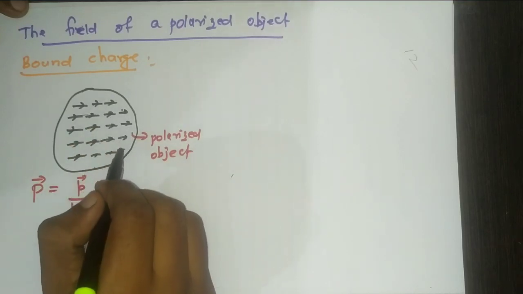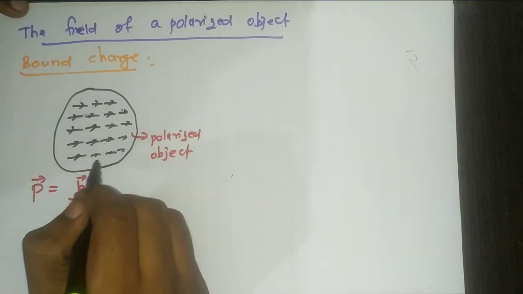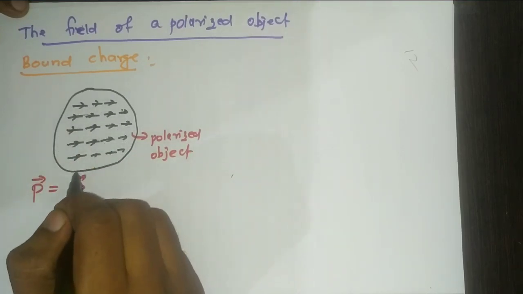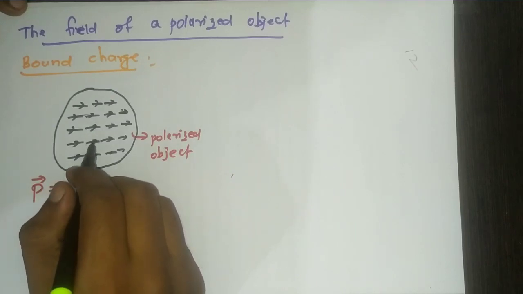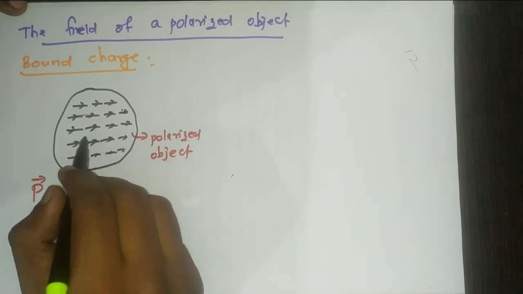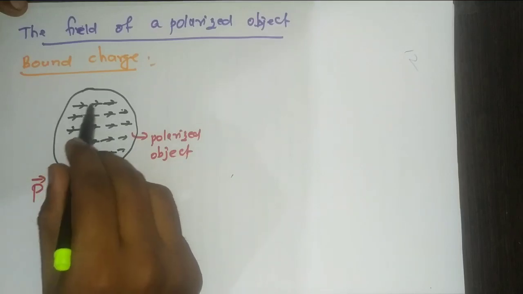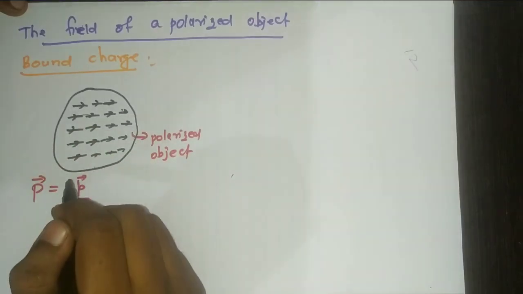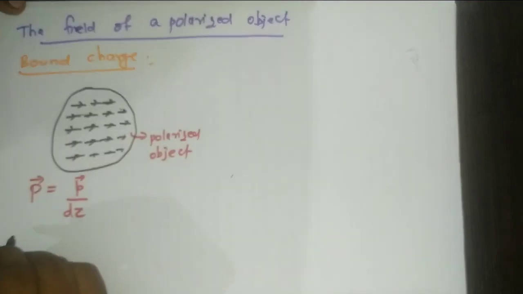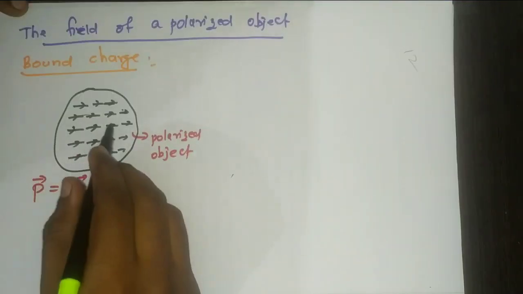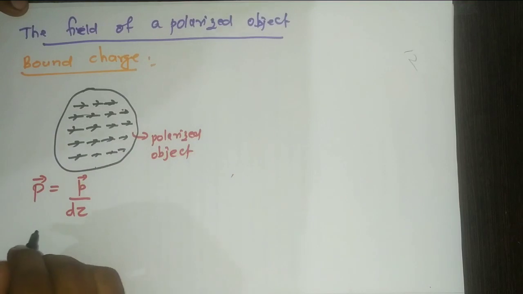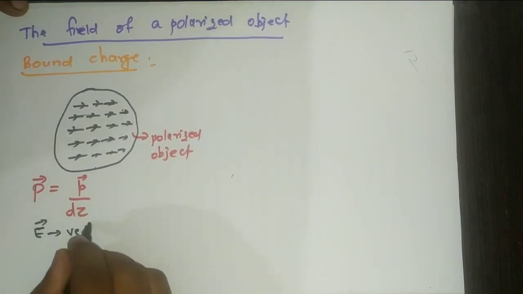We need to find out the net electric field produced by this polarized object. For this, first we find the field due to the individual dipole, then integrate to get the total. It is much easier to work with the potential, because we know that the electric field is a vector quantity.